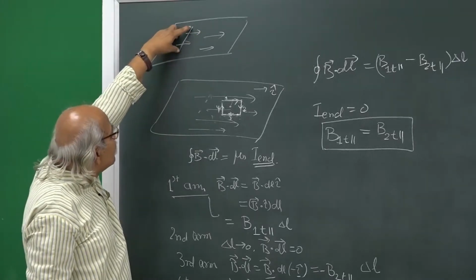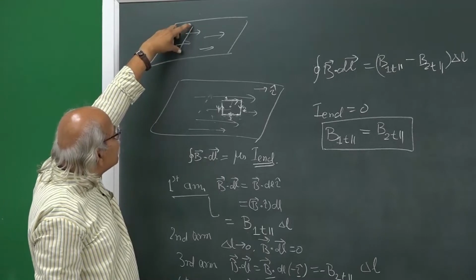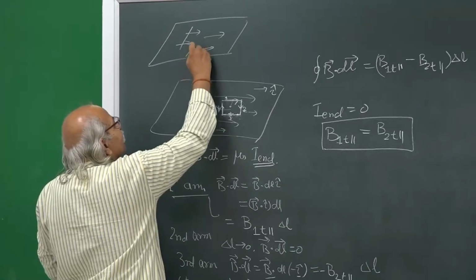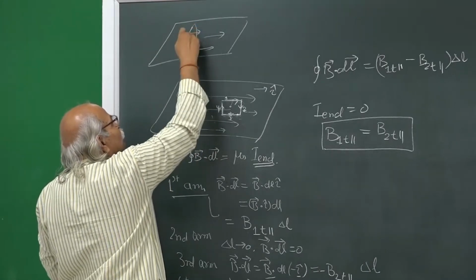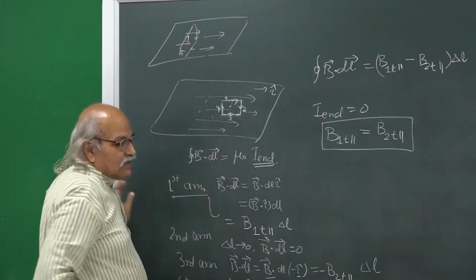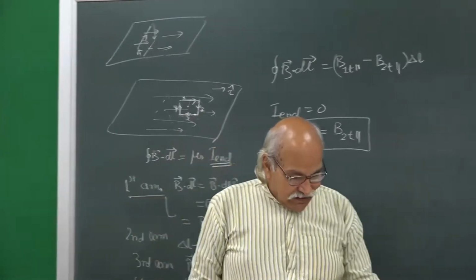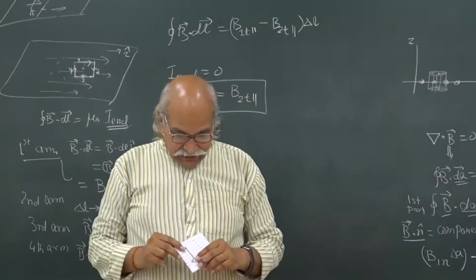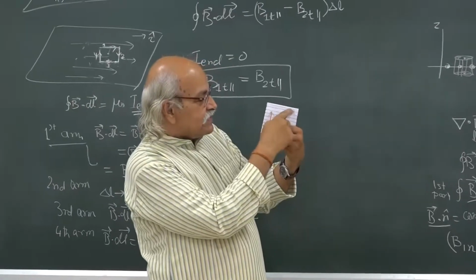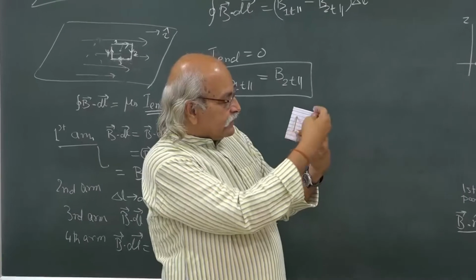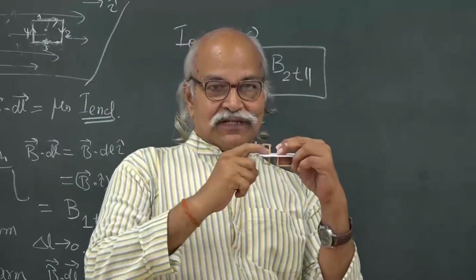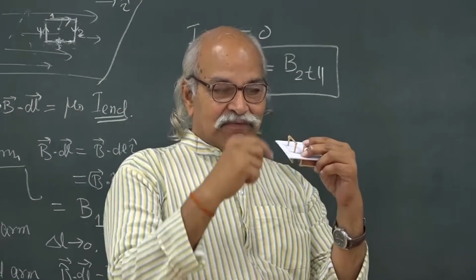Then this whole line is slightly above the surface, and slightly below the surface you have to draw another line and then join and make that loop. Okay, I do have a model for that also. See, the current is going this way, this is the surface. Now, this line above the surface will be horizontal, like this. So, we will say this is above and this below.